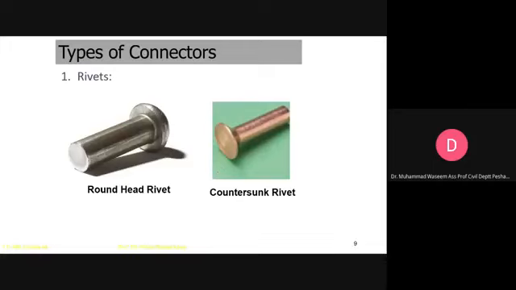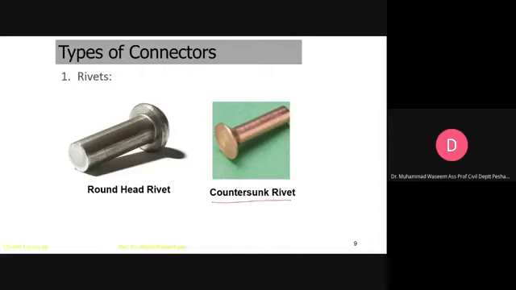There are different types of rivets, like the round head rivet. You can see this is an example, a picture of a round head rivet. We have the countersunk rivet, the one that does not have a rounded head.